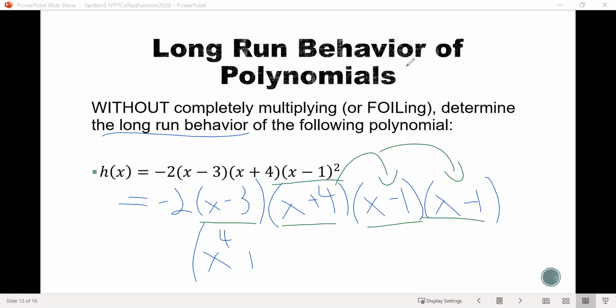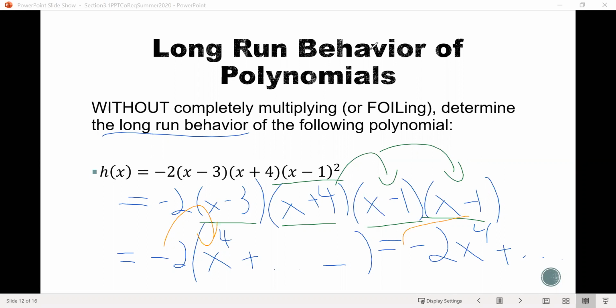Okay, so it'd be x to the 4th plus a bunch of stuff being added, and that would be multiplied by -2. We would then distribute this -2 in, and our leading term would then be -2 x to the 4th, right?